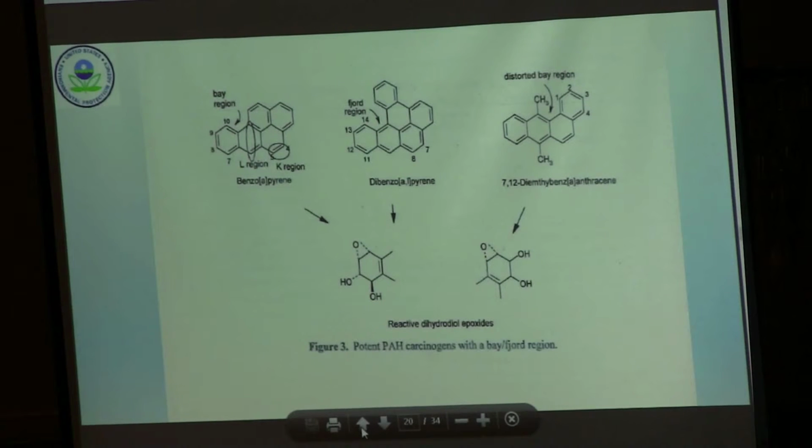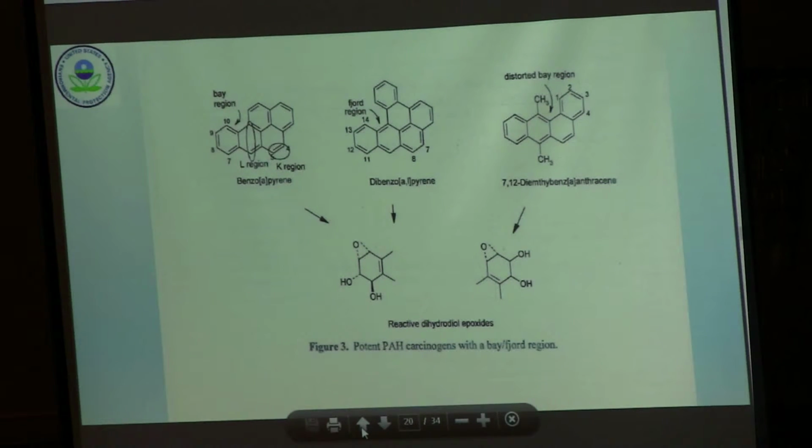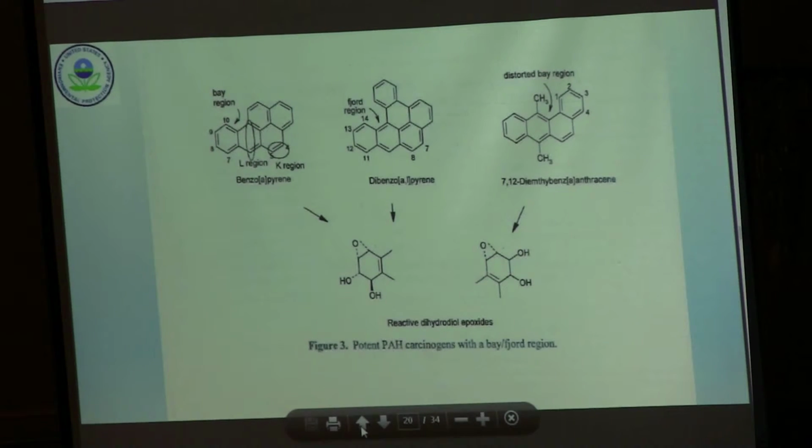These are important because the metabolic activation to the bay region or fjord region diol epoxide, as shown below, is the key metabolic pathway for the carcinogenesis of PAHs. And you notice there's also a region called the L region. The L region is a detoxification site. If it's blocked, then it will enhance the carcinogenicity.